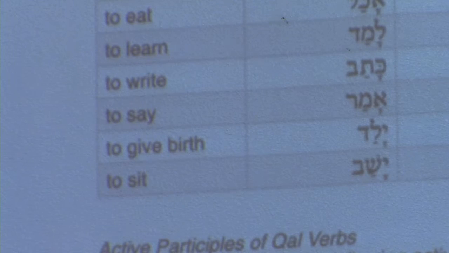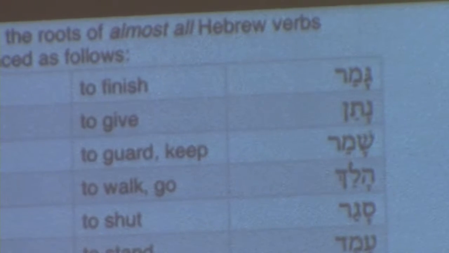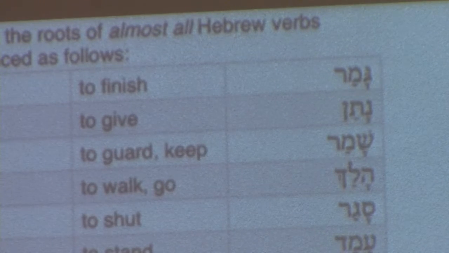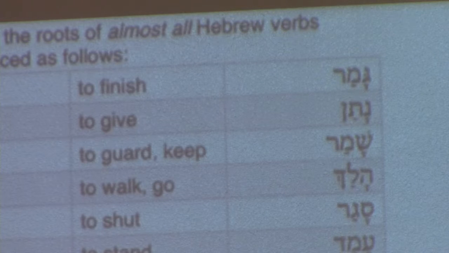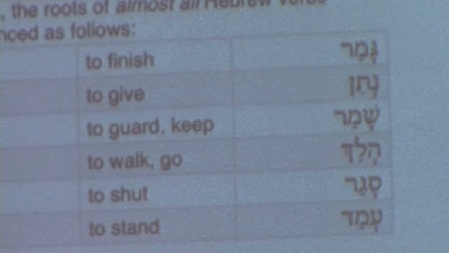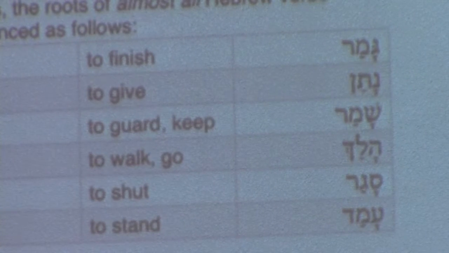Yashav. Okay? Another important word, to finish, gamar. Now put your little roll on there, gamar. Just a little bit of roll for the R. To finish.